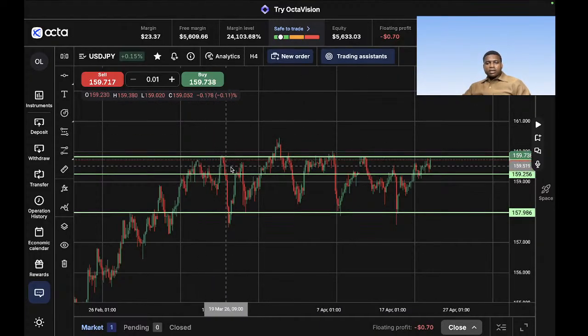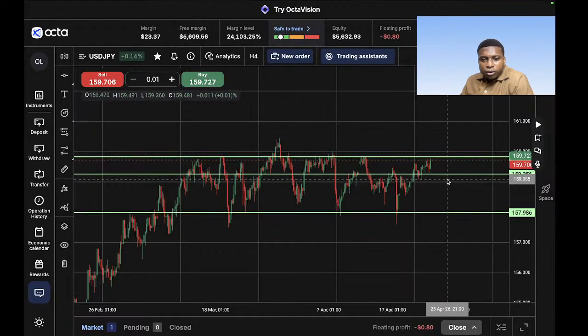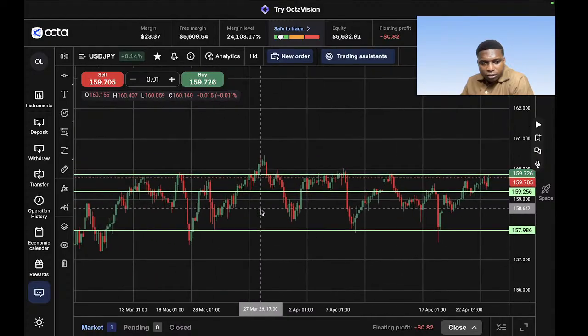So you can see how price has been. This level here also is a very key level of support and resistance, which we'll be paying attention to here. All right, so here is the 4 hours time frame, and you can see how price has been moving lately.